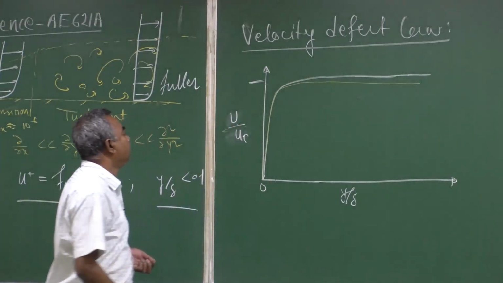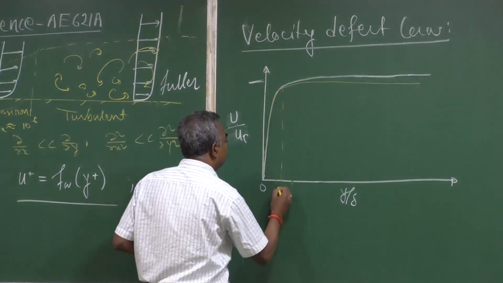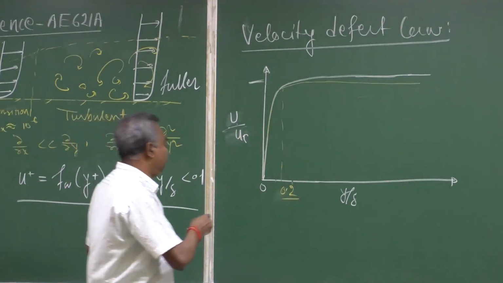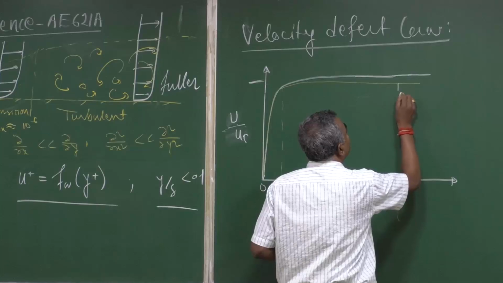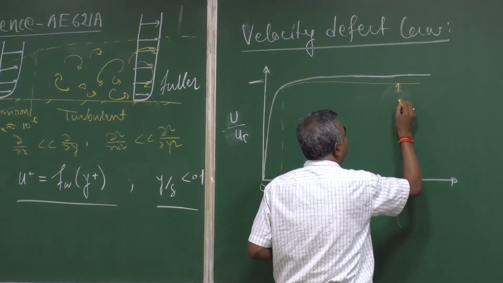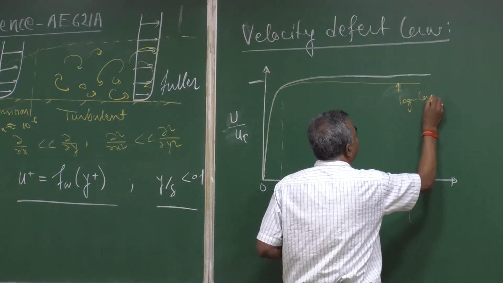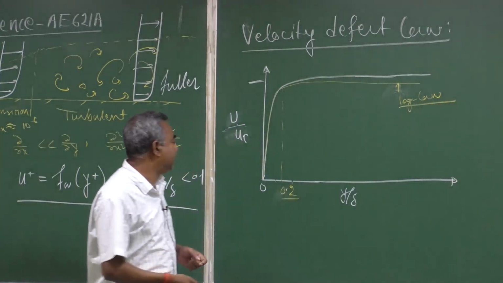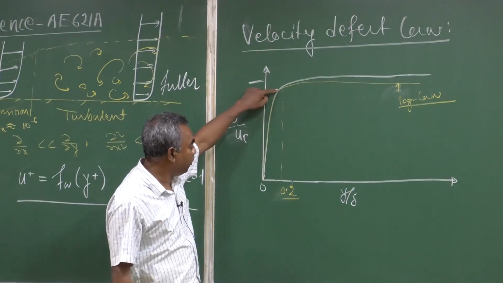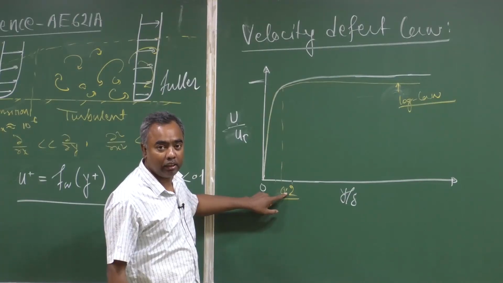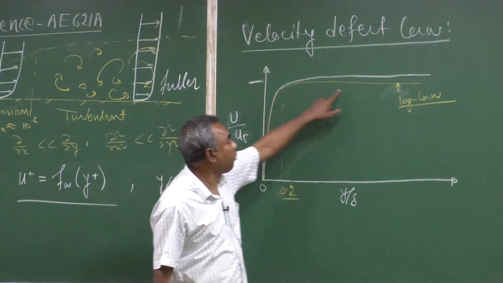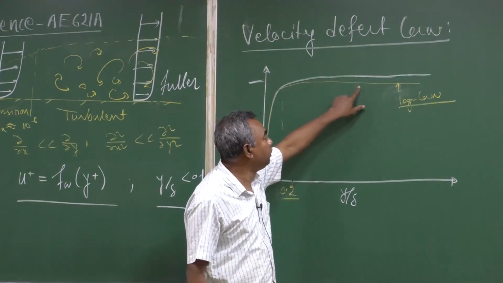So, that means this will be approximately y by delta 0.2, around 0.2 or so. This is obtained from your log law, okay. So, the log law says that from y plus 50 to nearly about y by delta 0.2, it represents the data quite well, okay. But later on there will be a deviation if you use the log law.